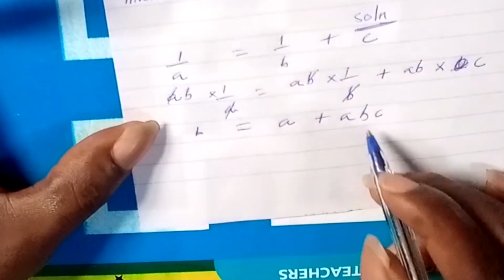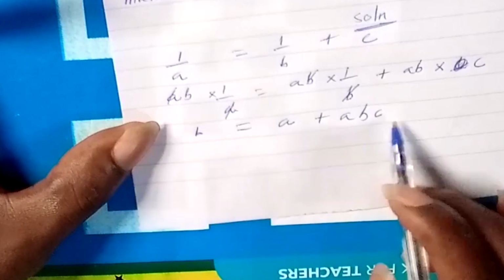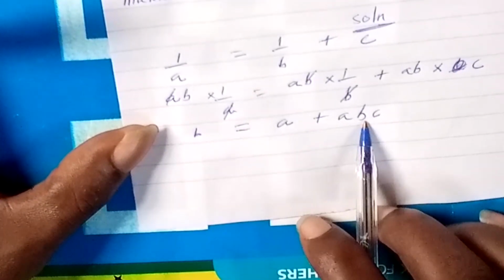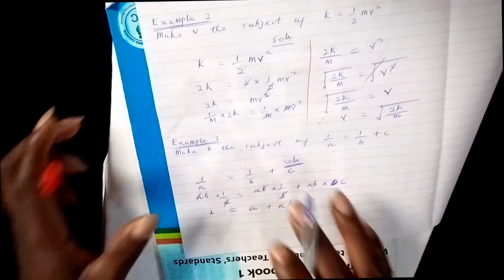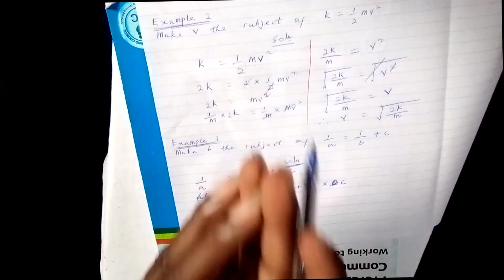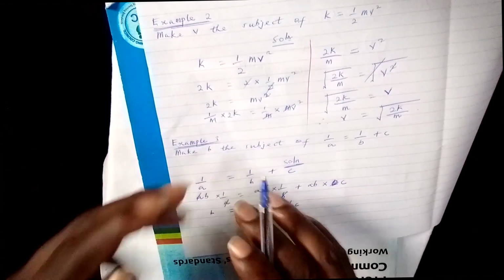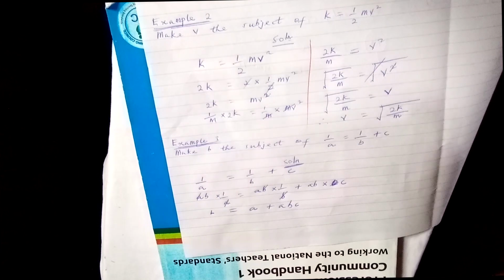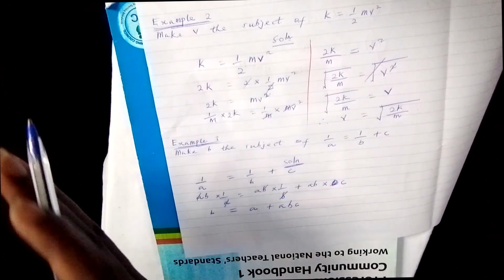Now we want to make b the subject. If we leave it this way, we haven't made b the subject because b can be found here. Making a variable the subject means that it is supposed to stand alone at either the left hand side of the equal to sign or the right hand side, not at both sides.